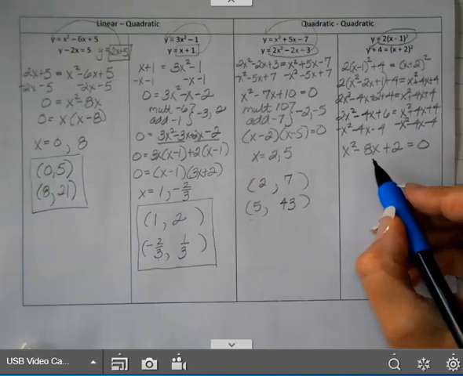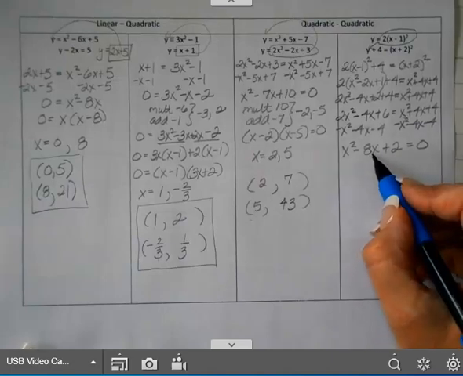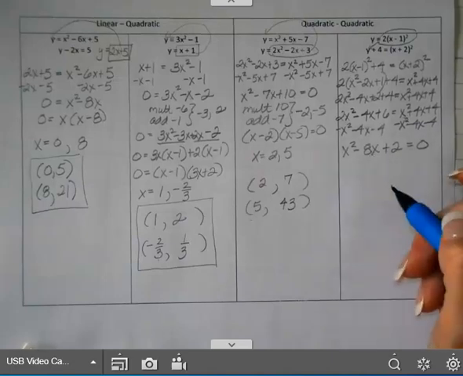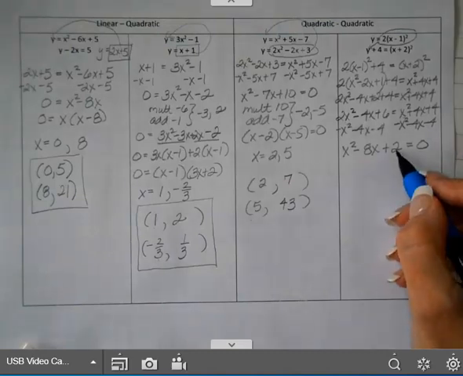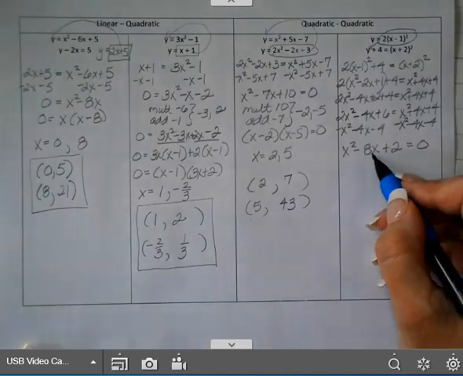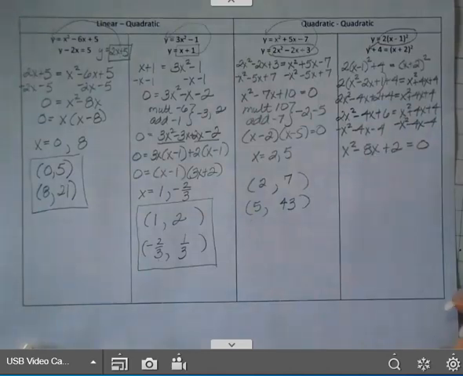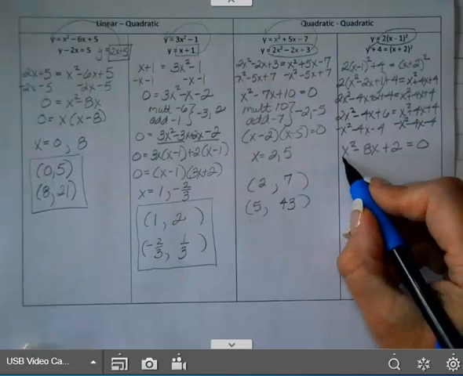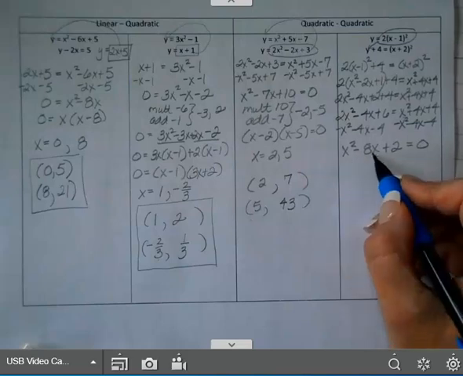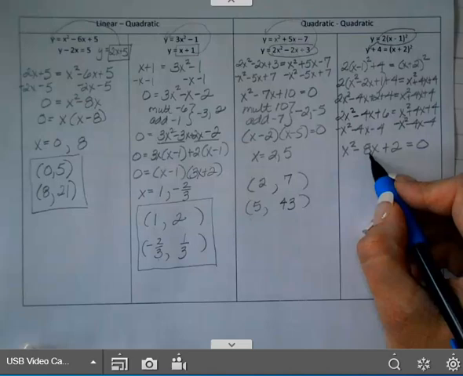I cannot use the square root property since I have my linear term here. Factoring, is there anything that multiplies to 2 that adds to negative 8? I am out of luck. However, this does have a leading coefficient of 1 and a term that is even. So complete the square I can do.